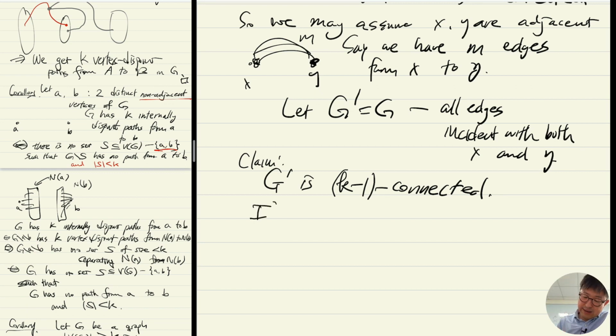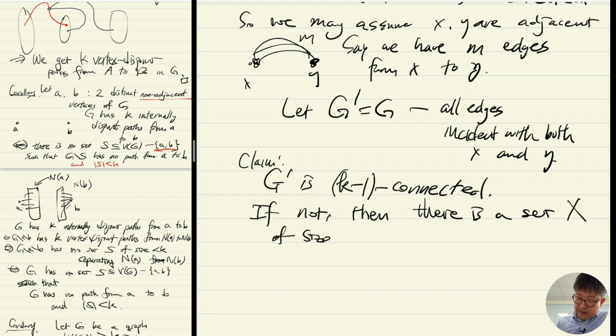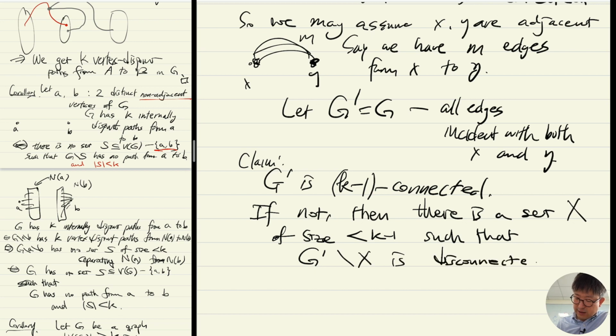If not, then there is a set X of size less than K minus 1 such that G prime minus X is disconnected, right?